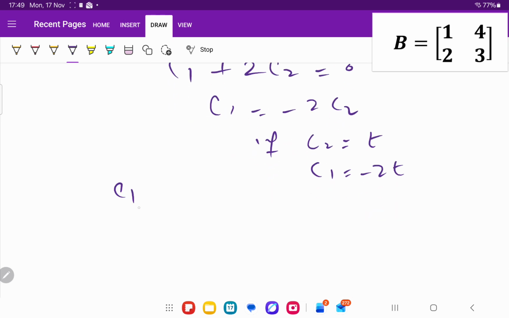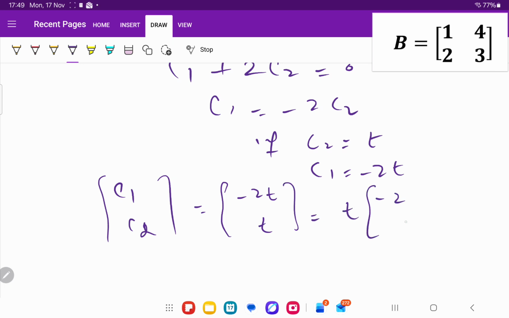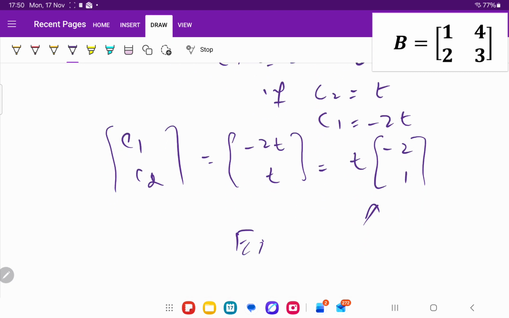So C1, C2 equal to minus 2T and T, and T will be out, so minus 2 and 1 is the eigenvector. You will apply the similar method to get the second eigenvector.